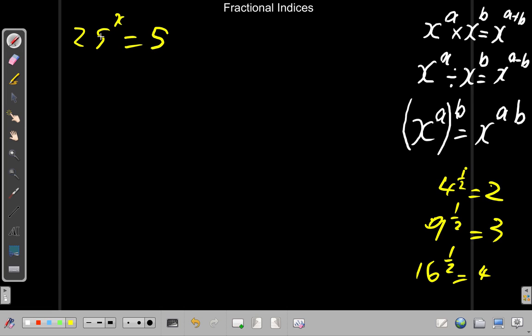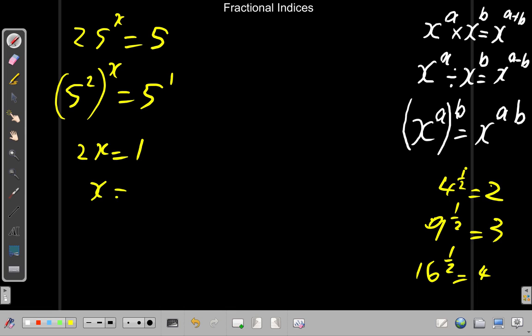We rewrite 25 as 5 squared, so 5 squared to the x is equal to 5. But 5 to the 2 to the x means we must multiply 2 by x, and 5 means 5 to the 1. Now 2x equals 1.